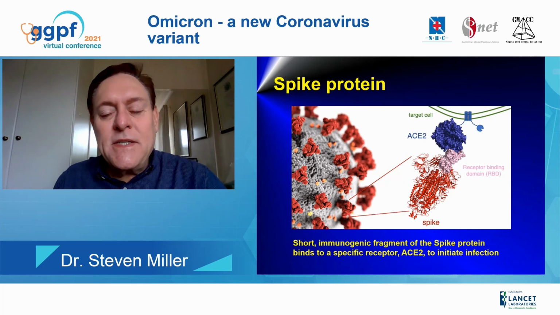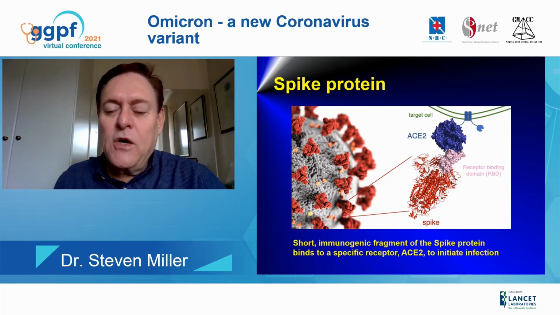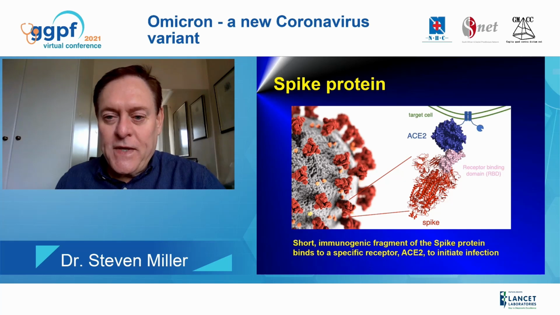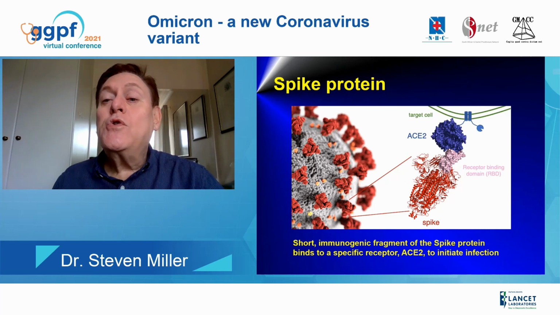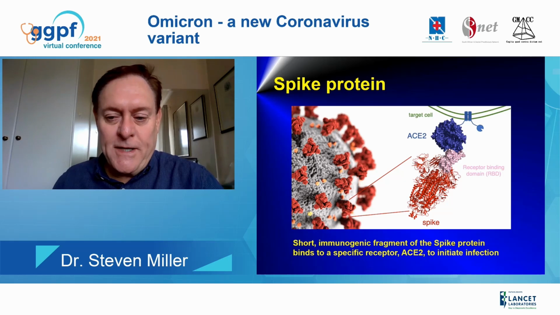And since the vaccines we are currently using all work by making antibodies to block this interaction and thereby reduce infection, they could be compromised if there was some sort of mutation in the spike protein.